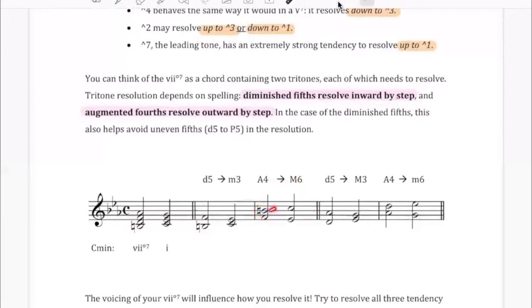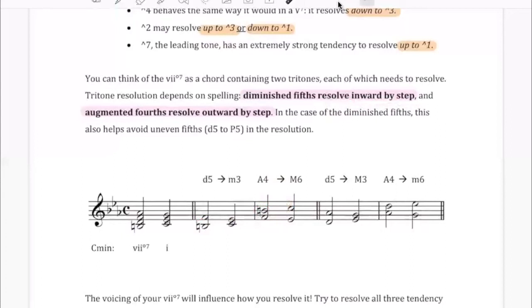So that B natural wants to resolve up anyways. You just need to remember to find the tritone against it and resolve it in the opposite direction. So the same two notes, but the thing that determines how they resolve is what configuration they are in. Are they spelling a diminished fifth or are they spelling an augmented fourth?